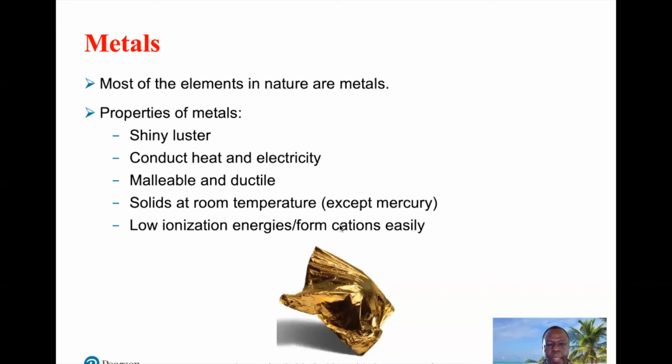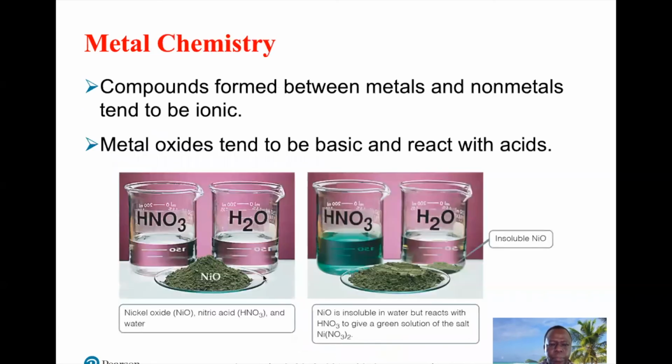To remove an electron. If you recall from chapter 4, they are easily oxidized. They are easily made to lose electrons. Here is an example where you can tell that this is a metal by the look of it.